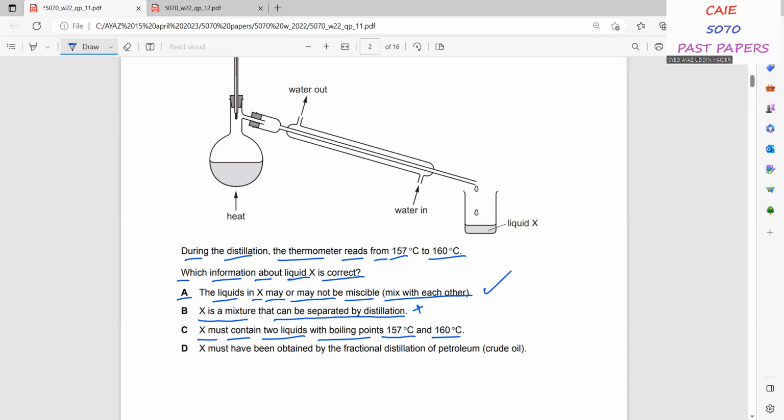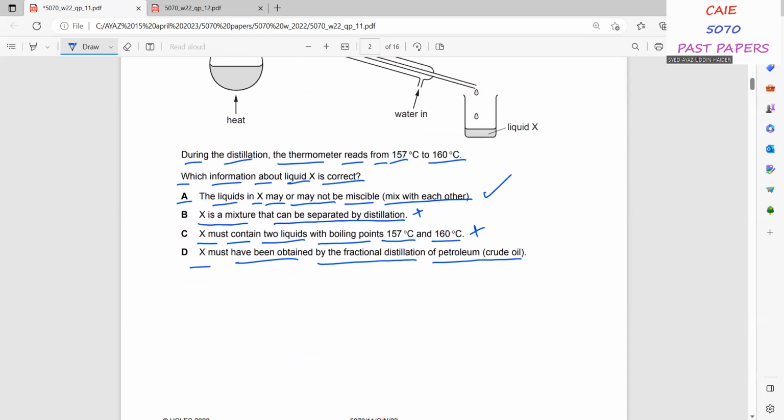The reading must not vary between 157 to 160 degrees centigrade if the two liquids are miscible. D, X must have been obtained by fractional distillation of petroleum crude oil. If it is from fractional distillation of petroleum, then there must be a fractionating column in this. The right answer will be A for this question.